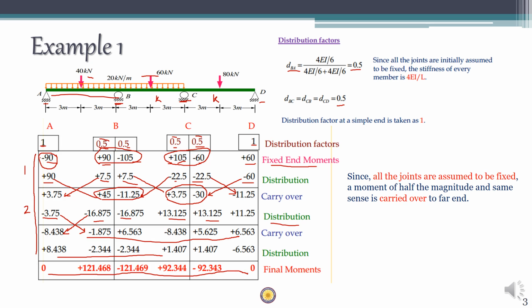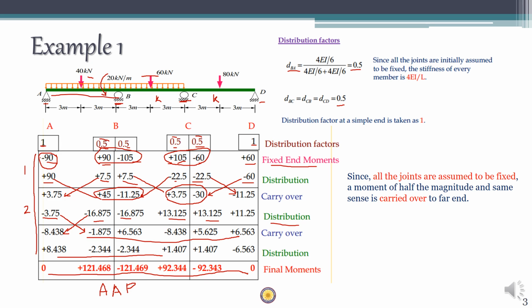Okay, so once you get these final support moments, you can see that BA is plus 121.468. We have used the sign convention that active anti-clockwise moments are positive, right? So positive 121 means it is an active anti-clockwise moment. So here the moment is anti-clockwise.